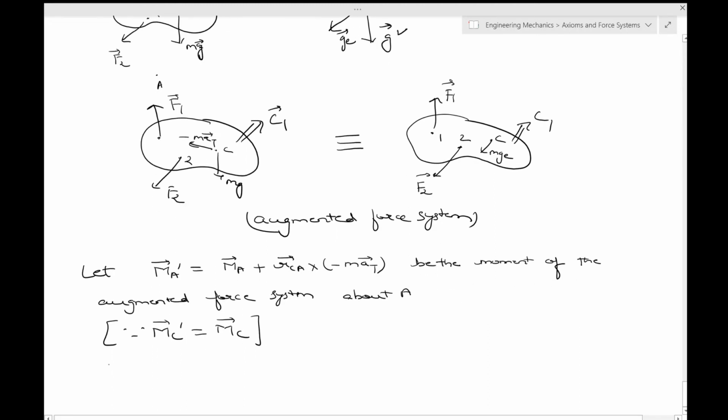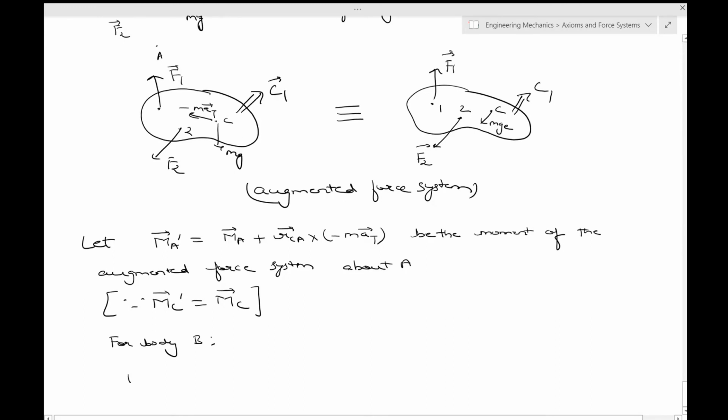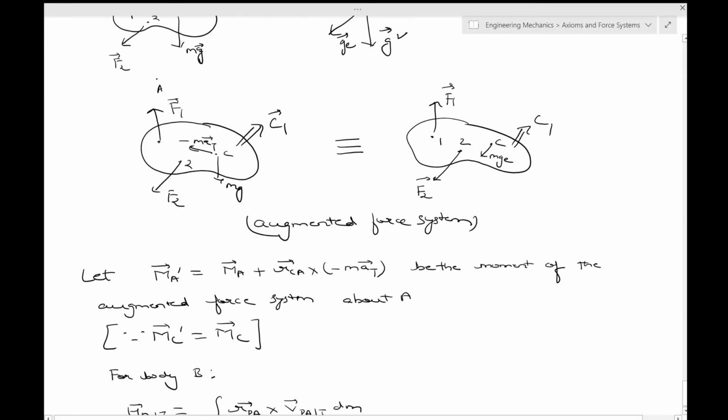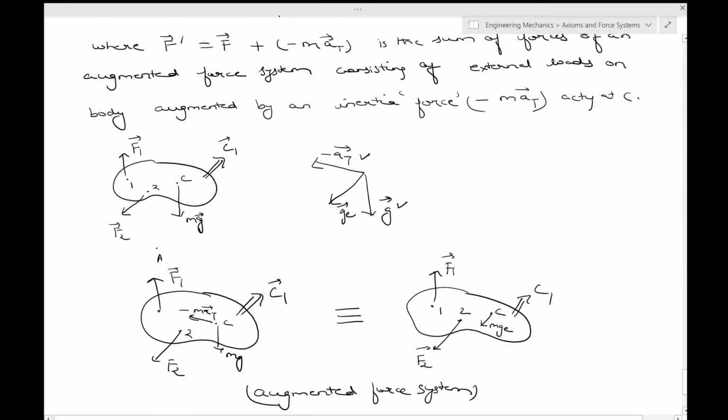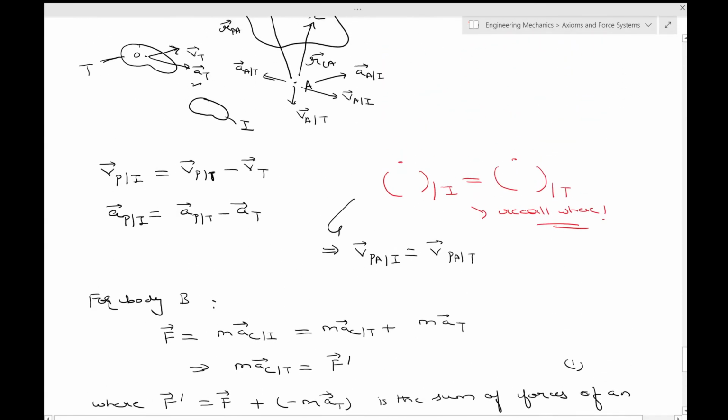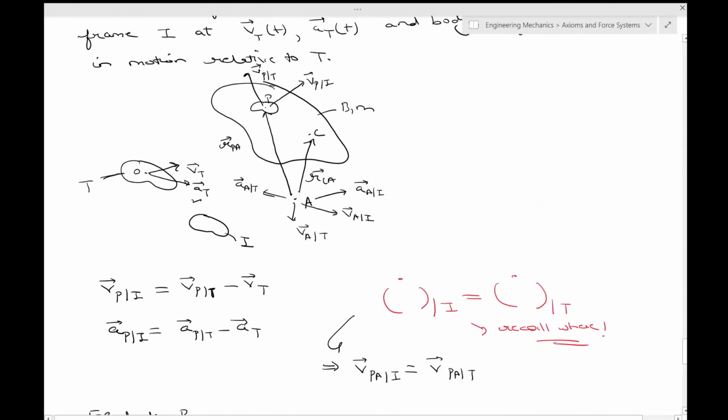So you can write for body B, HA in the inertial frame is equal to the integral of RPA cross VPA in I dm. This is just the definition of momentum. That tiny mass over here, this is dm.